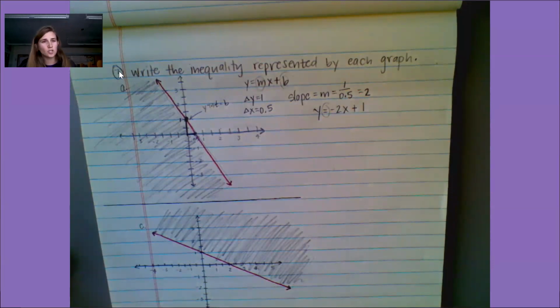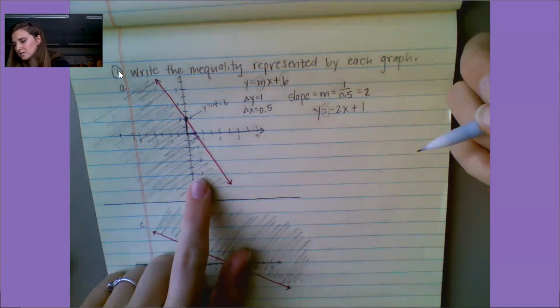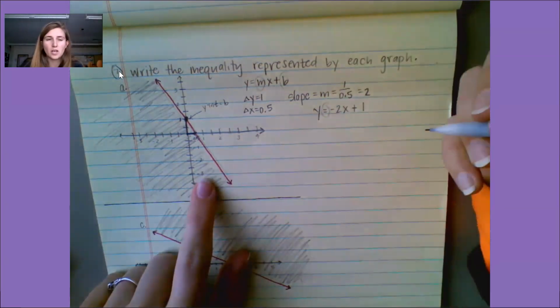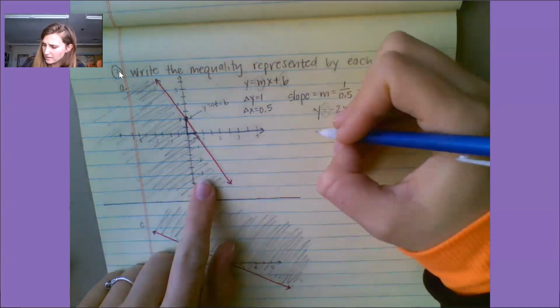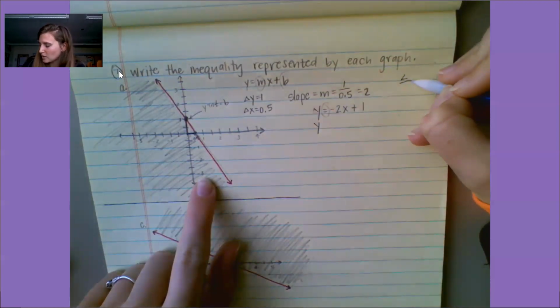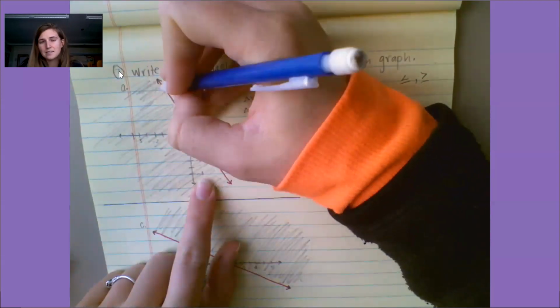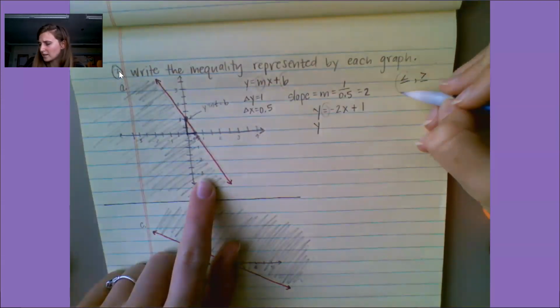So what I'm going to do is just test it out and see which one will work. I'm just going to guess. I'm just going to pick one. I know it has to be less than or equal to or greater than or equal to, since this is a solid line. So let's try less than or equal to.